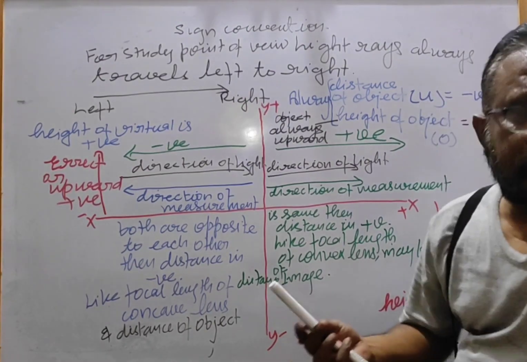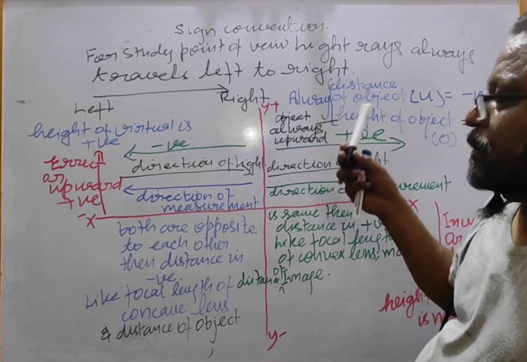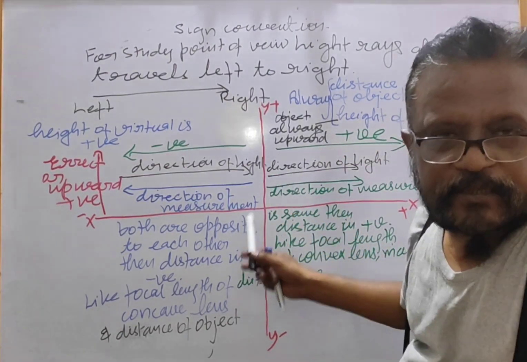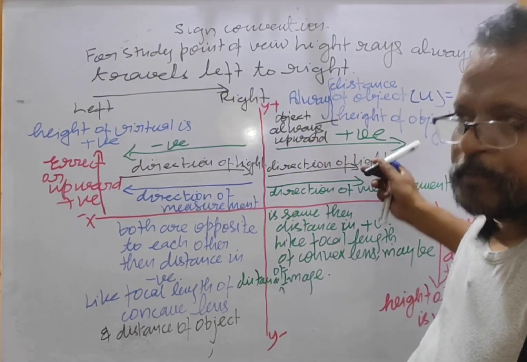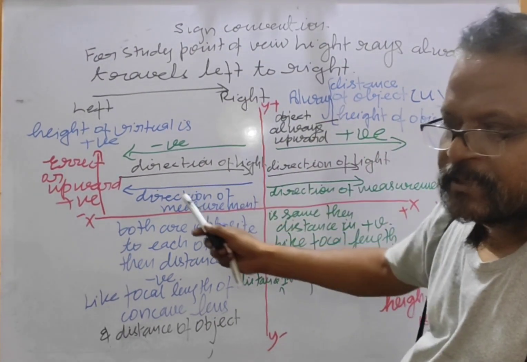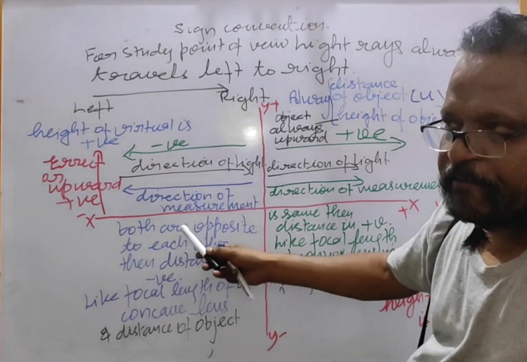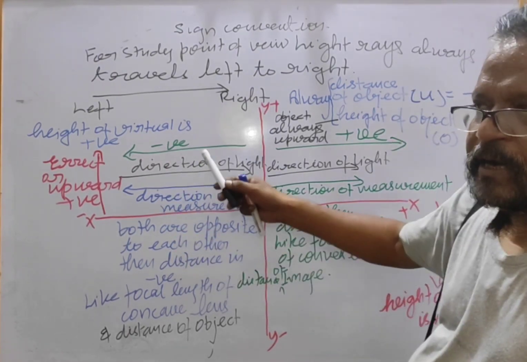So what I said: focal length of concave lens is negative, focal length of convex lens is positive. Distance of object from the lens is always negative because it is always in front of the lens, and it is upright.